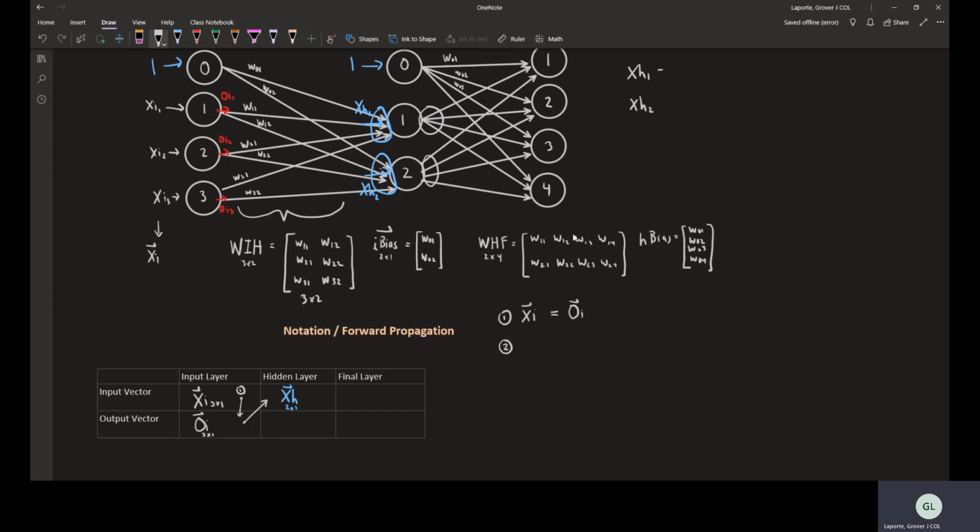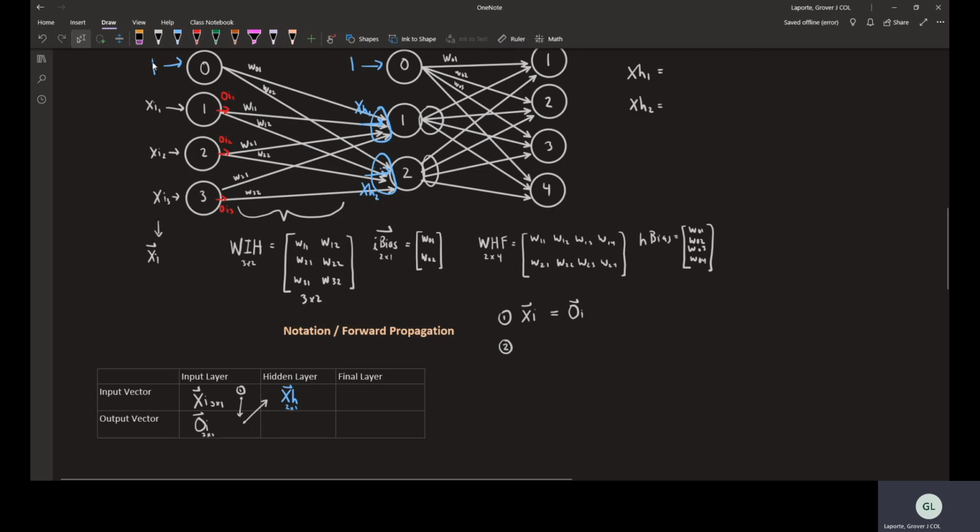So I'm going to do this one time just so you see the math, and hopefully you recognize that it's something that we can make a little bit easier. So XH1, the number that's coming into this node, starts off with WO1 times 1.